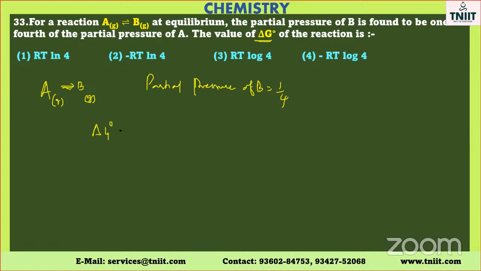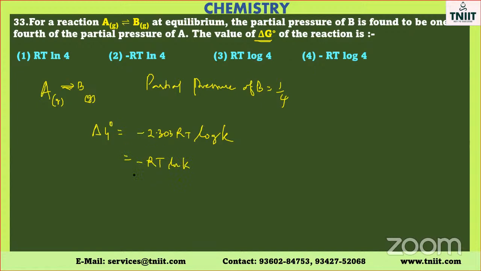We know that delta G naught is equal to minus 2.303 RT log of K. This can be written as minus RT natural log of K.